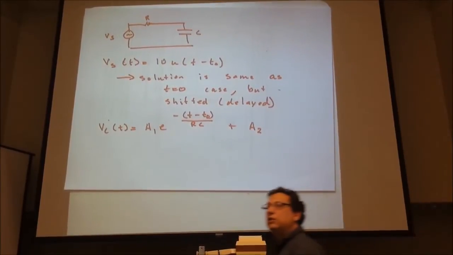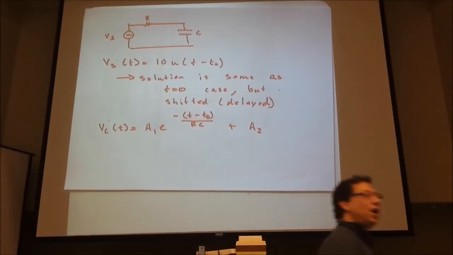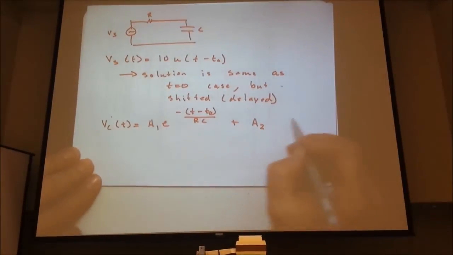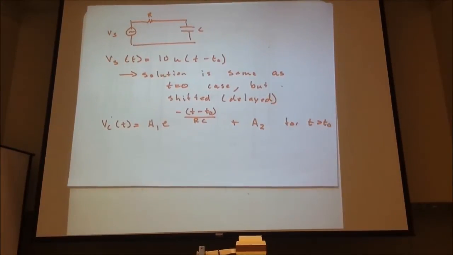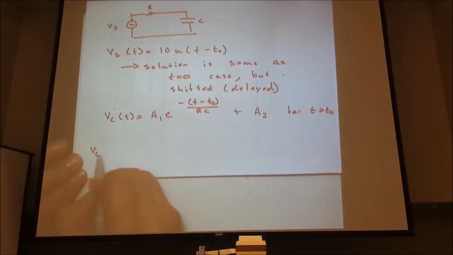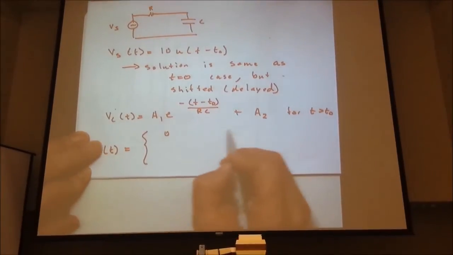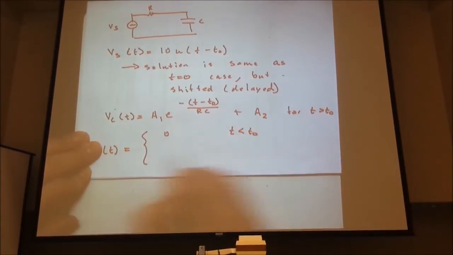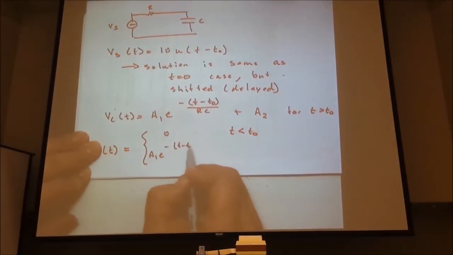For an arbitrary start time, this function starts at t naught, so this solution would be valid for t greater than t naught. To be a little more mathematically rigorous, we would write something like V_C(t) = 0 for t less than t naught, and I didn't solve for these coefficients, but we could, of course.